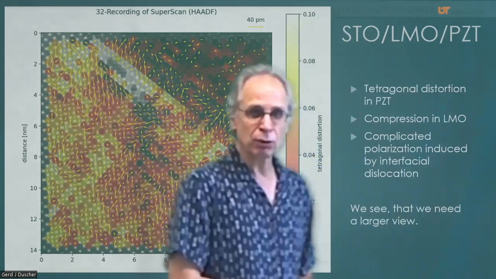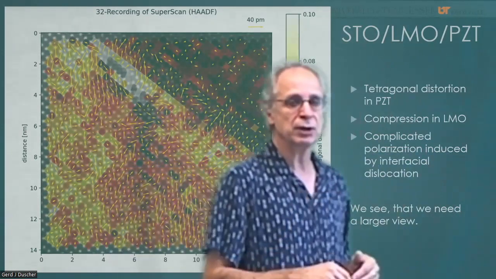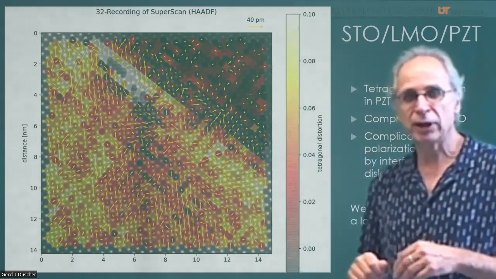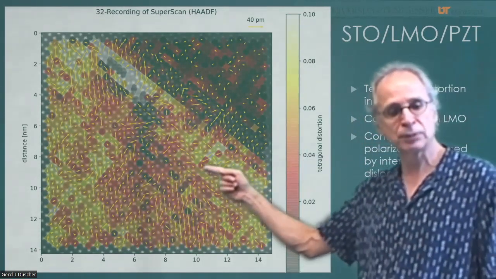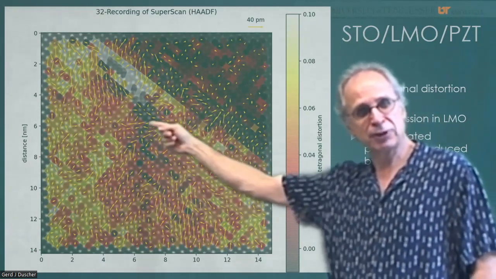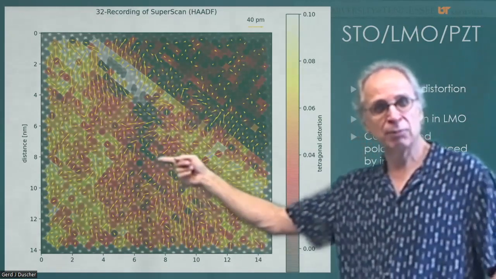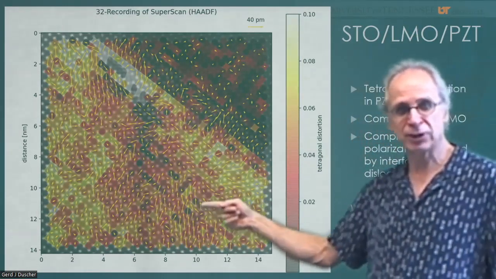We can look at that a bit more in detail, right? So we have the tetragonal distortion. It's where we have a step on the interface. The tetragonal distortion is minimized, right? And then it's larger on the other side.